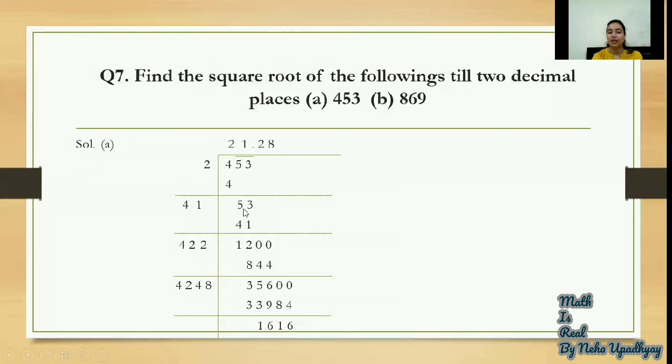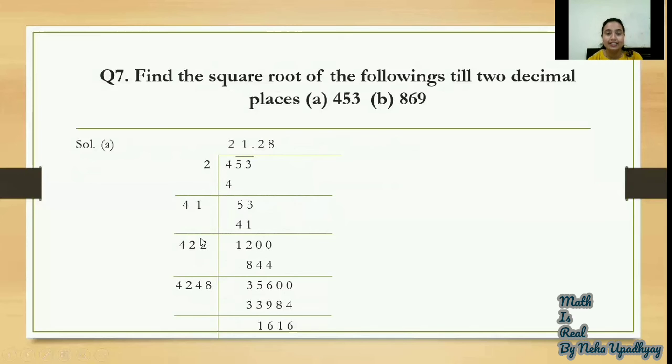So I got 12, and after this remainder, there is nothing. So I put a decimal, and because it's a long division method of finding square root, I am allowed to take two zeros. Some teachers write those zeros here also after the decimal, but it's optional. One decimal will come here.